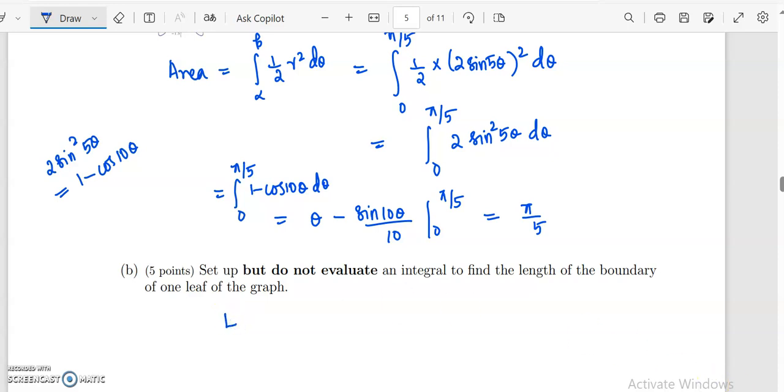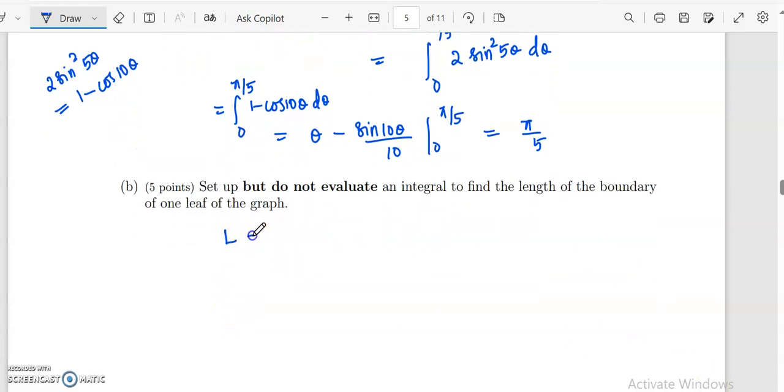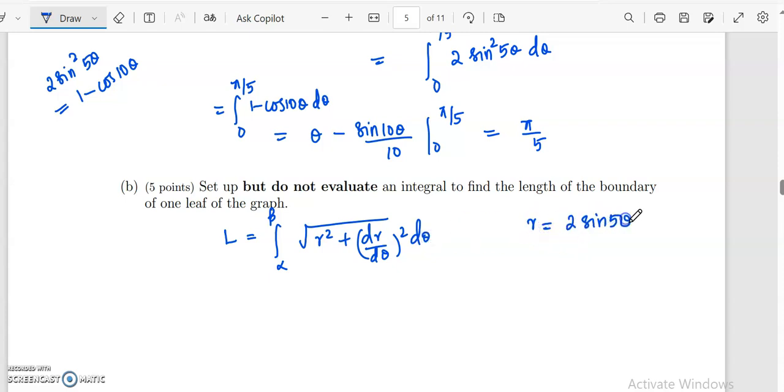The length will again be given by the integral from alpha to beta of the root of r square plus (dr by d theta) whole square d theta. Now r will be 2 sine 5 theta, and dr by d theta will be 2 cos 5 theta into 5, so that will be 10 cos 5 theta.